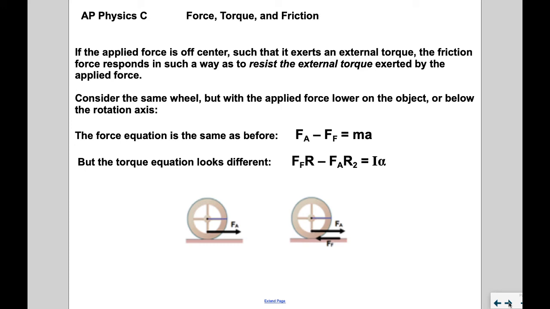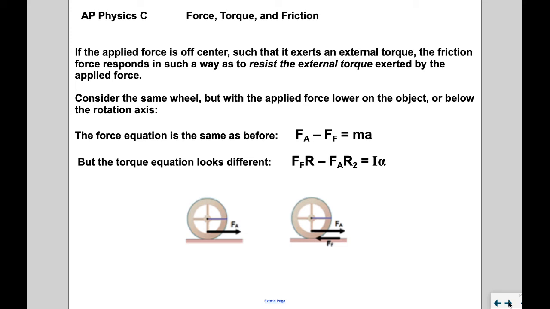The friction force is going to respond in such a way as to resist the external torque that's exerted by the applied force. So we have the same wheel here, but we're applying a force lower on the object, or below the rotation axis.